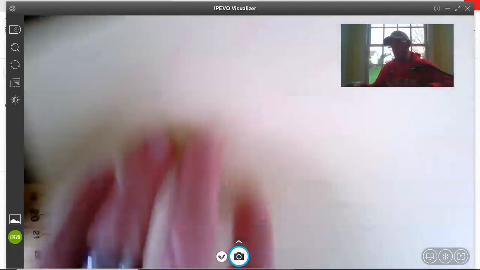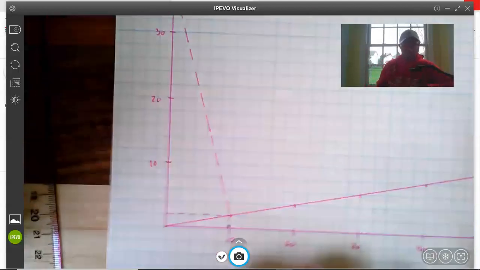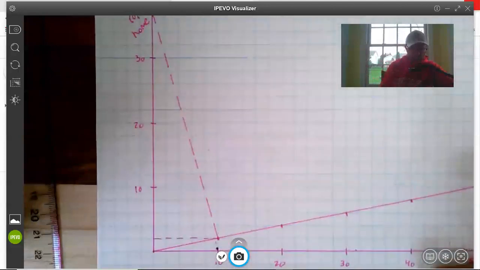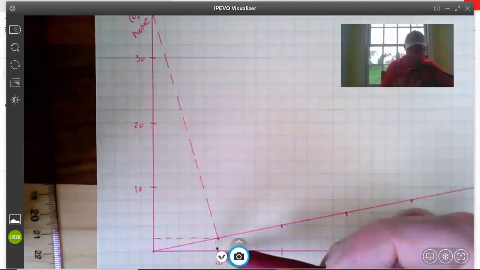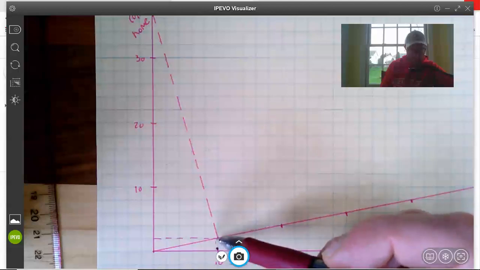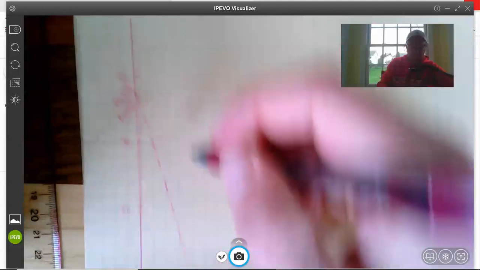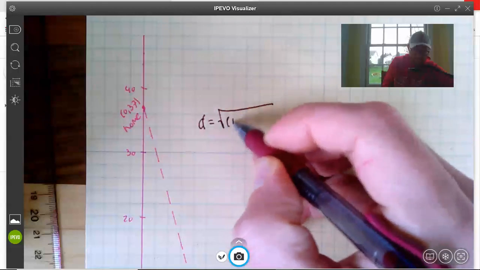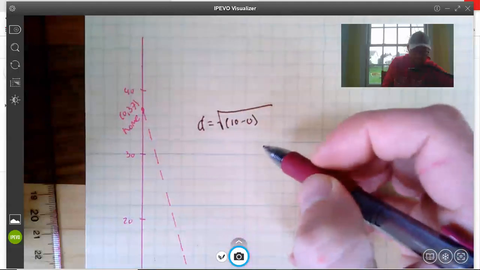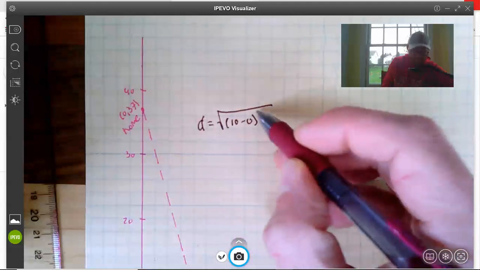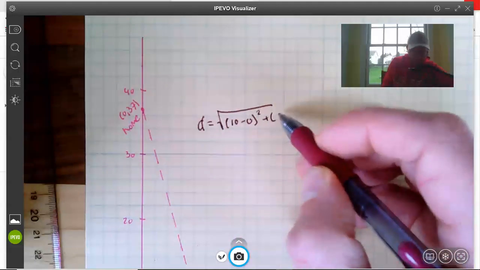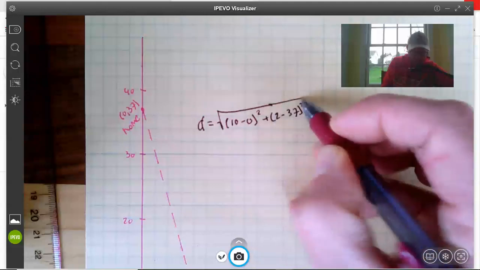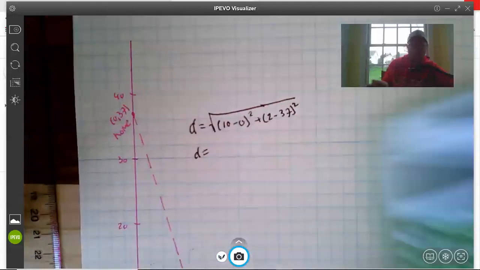Finally, the airport problem. Let's see, at 2 minutes into the flight, we're at the point 10, 2. Let's do the distance formula here. 10 minus 0 squared plus 2 minus 37 squared. Let's punch all that into the calculator.